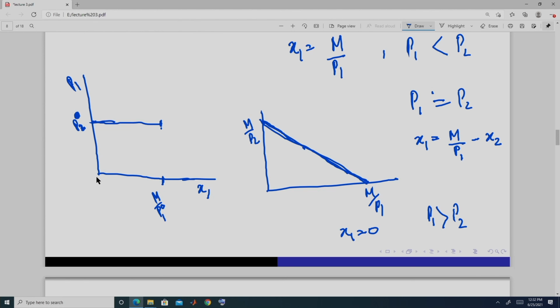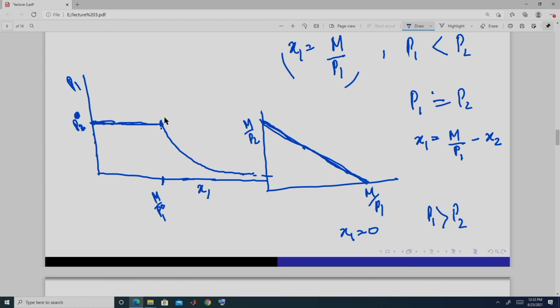Okay. Now, when P1 falls below this, at this point where they are the same, you can demand anything. And when it is less, the demand curve is this. So the demand curve is going to be, as the price P1 of good 1 falls, something like this.